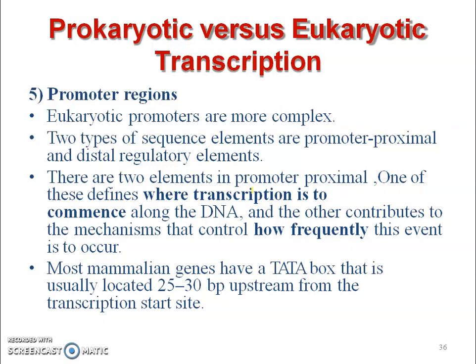So there are two elements in the promoter region: one tells where transcription has to start, and the other tells how frequently this has to occur, that is, how many proteins of this type are needed. Most mammalian genes have a TATA box that is located 25 to 30 base pairs upstream.